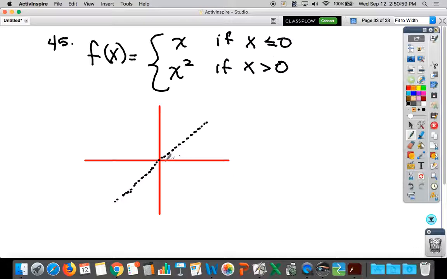Well, I see this 0, so I'm going to put my pencil at 0. And which side of the graph do I want? The up and to the right or the down and to the left? Down and to the left, because that's where my x's are less than 0. So I'm going to make this a solid line, and then I'm going to go back in and erase that.